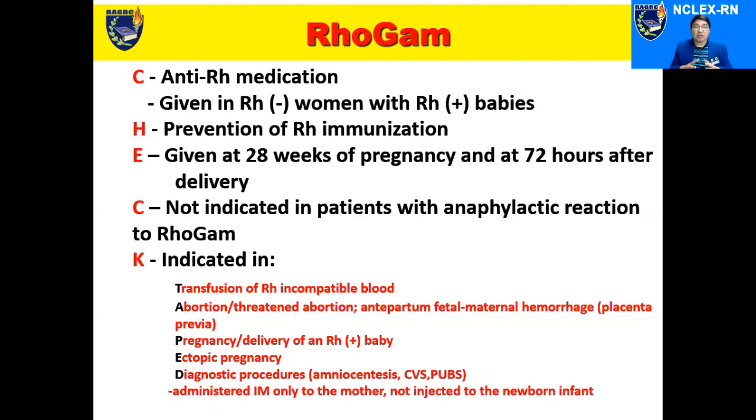Remember, the first pregnancy is usually safe because the mixture of maternal and fetal blood occurs at the separation of the placenta during delivery. So it's only in that specific period of time that Rh incompatibility could develop. So the first child is usually safe. Rhogam is being administered for the prevention of Rh incompatibility in the next pregnancy or the succeeding pregnancies thereafter.